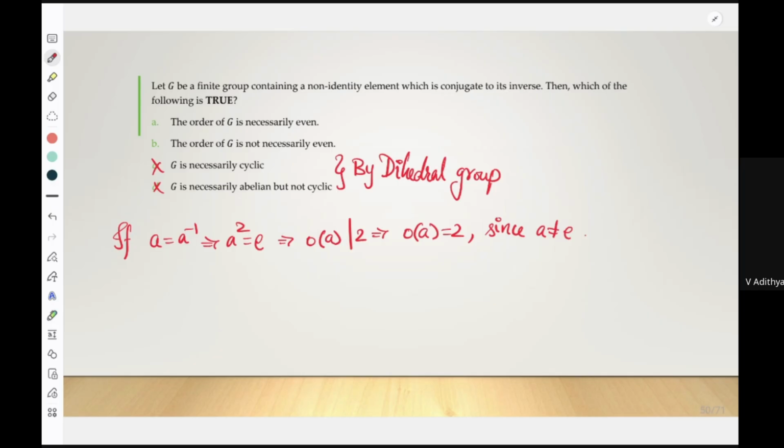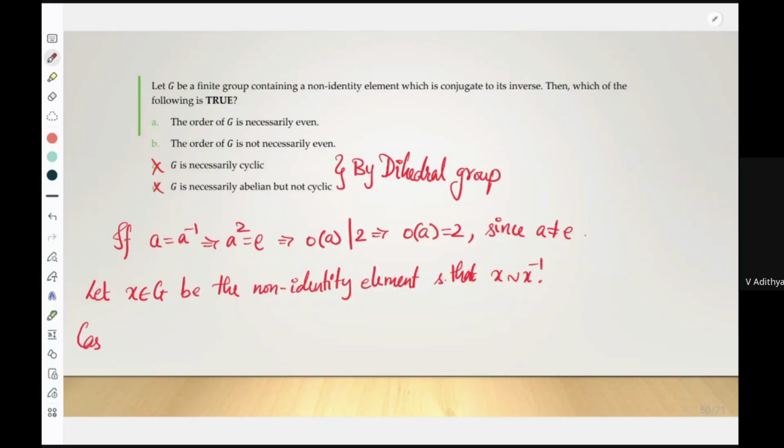So let X in G be the non-identity element such that X is conjugate to its inverse. I'm just using this tilde for conjugation.